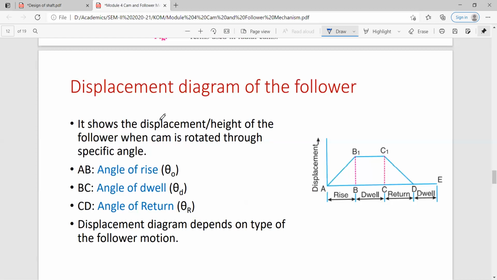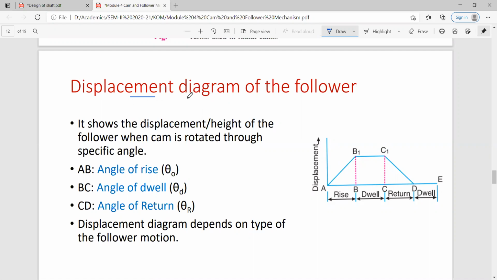Now next is the displacement diagram of the follower, an important point. So whenever you want to construct the cam surface, cam profile curve drawing, first you have to draw the displacement diagram of the follower, and on that basis then further you will construct the cam profile.